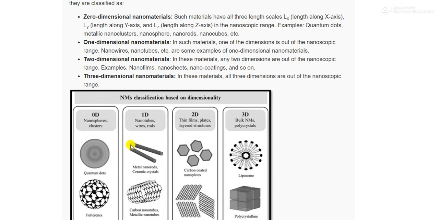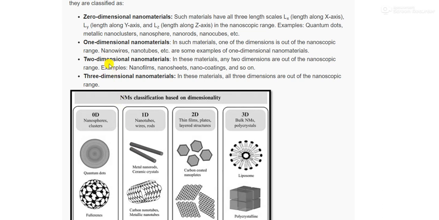When we talk about the confinement effect, the charge carriers along these nanotubes are free to move along this one dimension. The charge carriers, meaning the electrons or holes, the electron-hole pairs, are free to move along this length. Therefore it is called a one dimensional nanomaterial, while the charge carriers are confined in the other two dimensions.